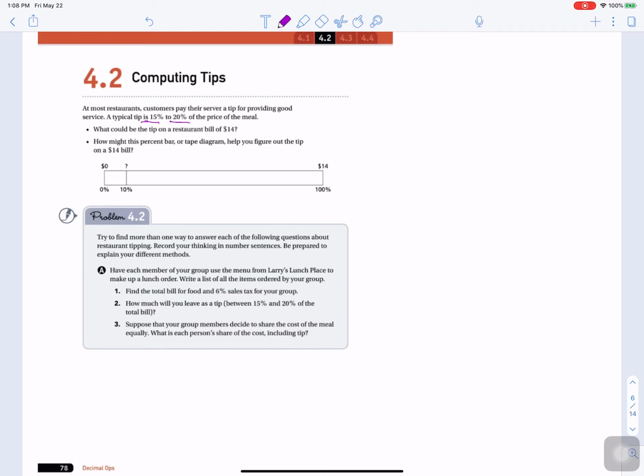So the question here: what would be the tip on a restaurant bill of $14? Yesterday I showed you how you could use tape diagrams or percent bars to get this. Notice this one shows 10%, and I want to talk about 10%.